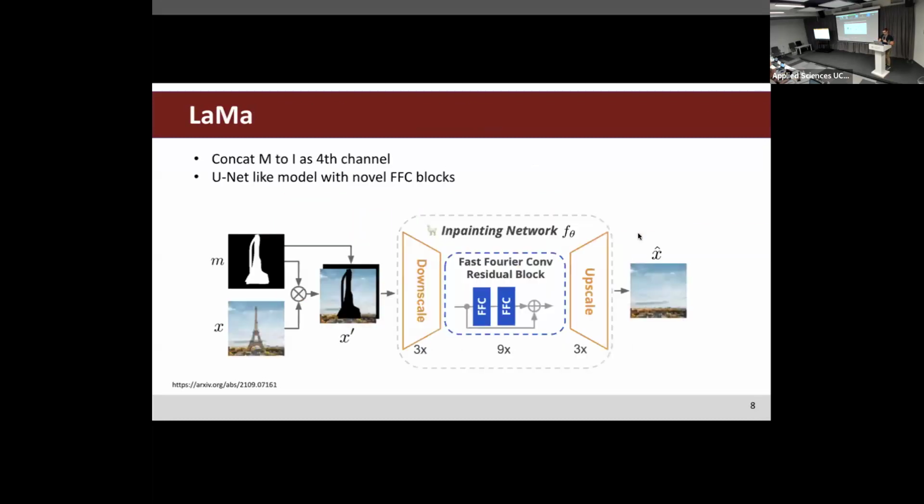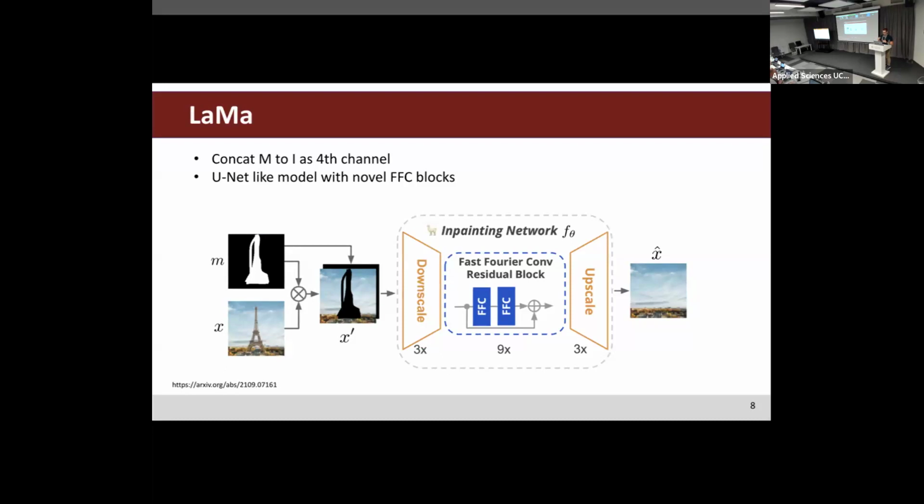Next model is LaMa. LaMa currently is an important baseline for inpainting, and a strong SOTA model on which we ground our changes. So on a high level, in LaMa, we have a three-channel image which is concatenated with mask information.